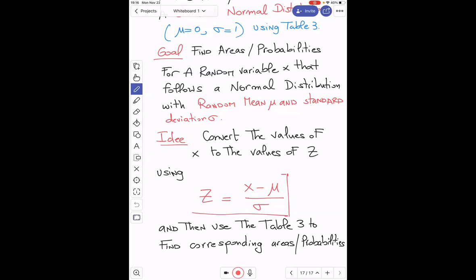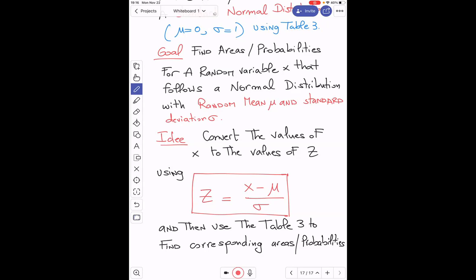So you need to keep in mind this formula, guys. This is a relation between your random variable x and the variable z, which is the variable of the standard normal distribution.